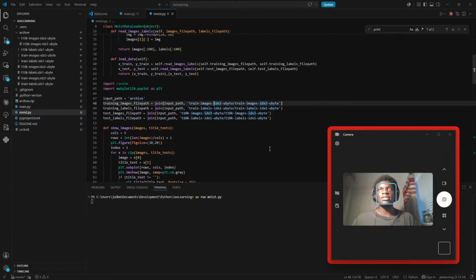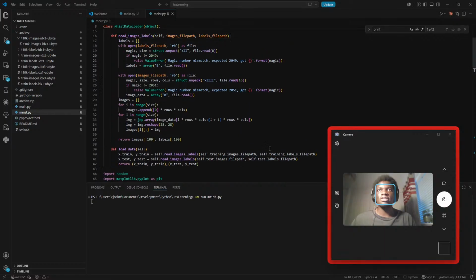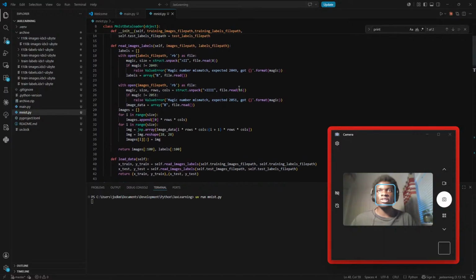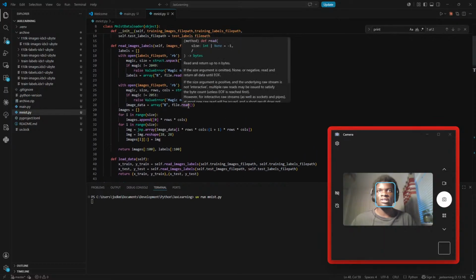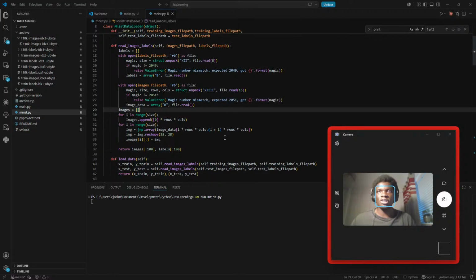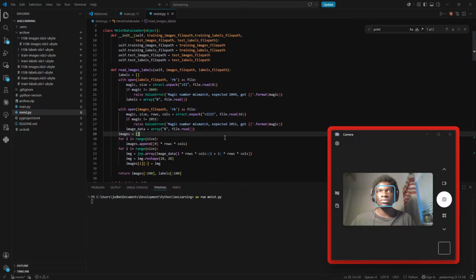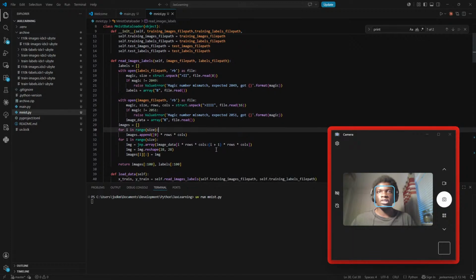So the thing is, is it even possible for us to not read the whole thing? Yes, because we can pass an argument to file.read. And then I need to find out how, because the labels should be just 8 bits per label, right? You don't even need 8 bits, because the labels are from 1 to 10 inclusive, so you can get away with 4 bits.